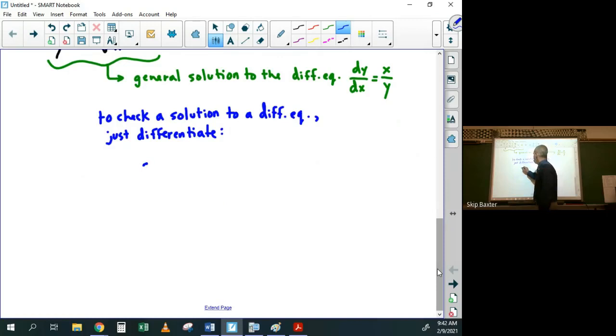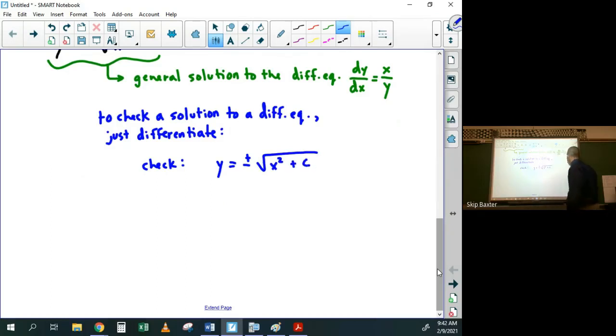So if I check this, if y is plus or minus the square root of x squared plus c, then y prime would be plus or minus, this is something to the 1/2 power, so its derivative would be 1/2 of that stuff, x squared plus c, to the negative 1/2, times 2x.